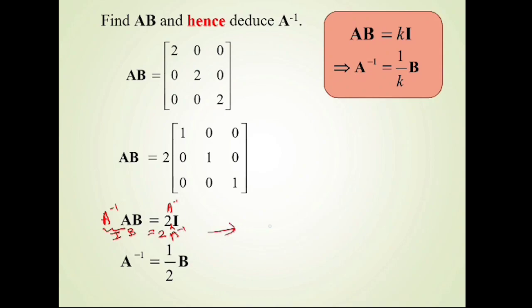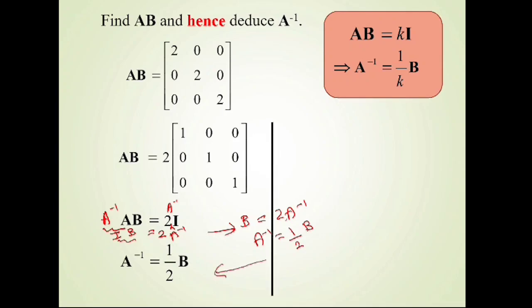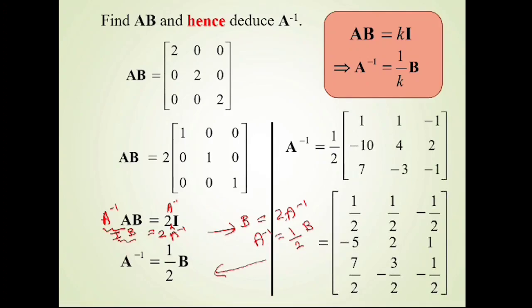And then the I matrix multiplied with B is just B, because identity matrix multiplied with any matrix is just that matrix. And then just bring your scalar to the left hand side. It will be 1 over 2 multiplied with B, which is just the same. Then substitute your matrix B, and that's your answer.